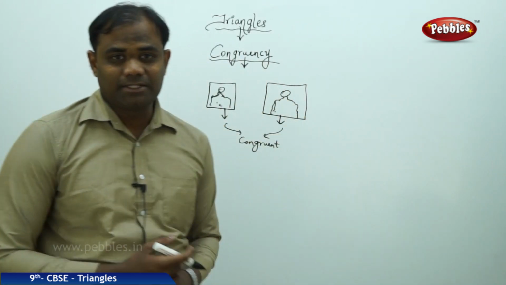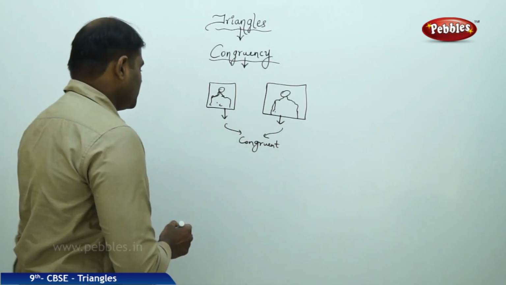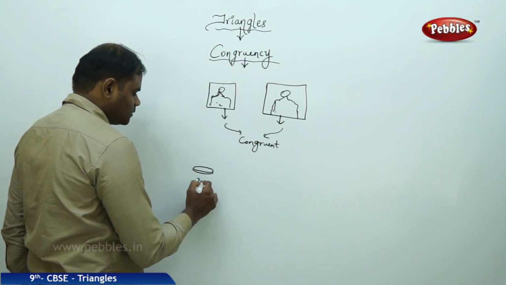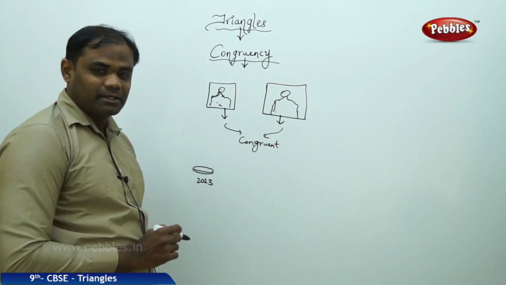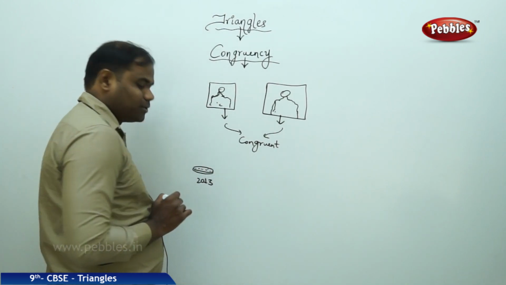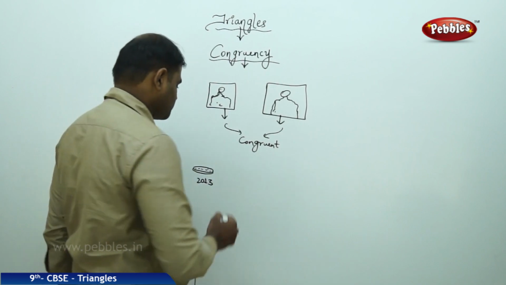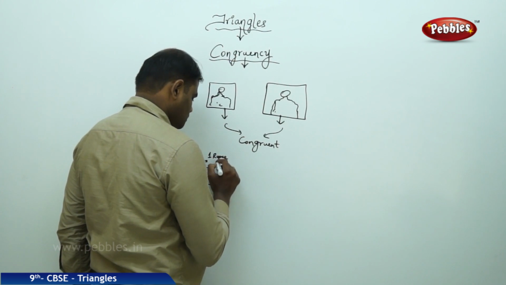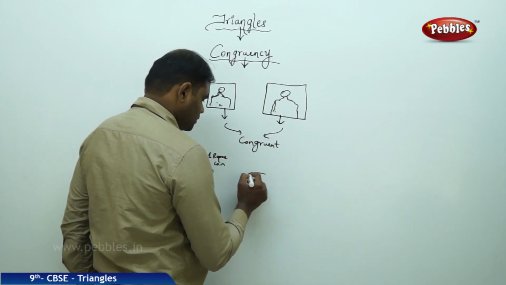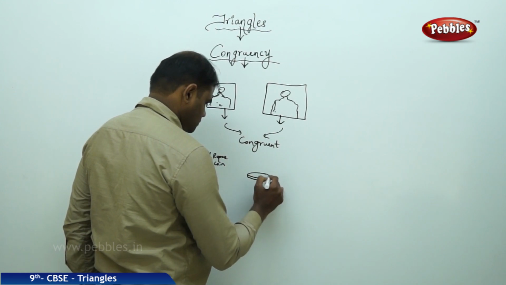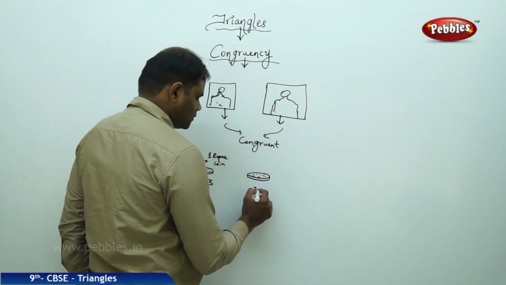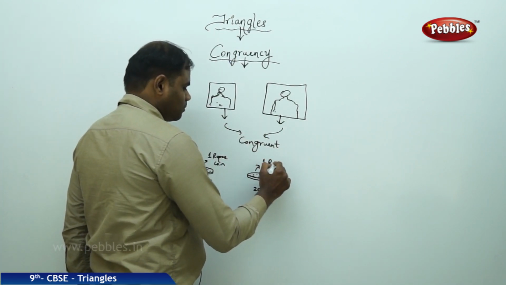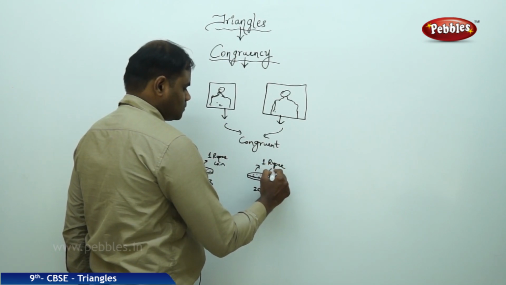Or say for example, I take a 1 rupee coin of the year 2013 and I take a similar coin of a different year, say 2015. Another object of the year 2015, and this also is a 1 rupee coin.